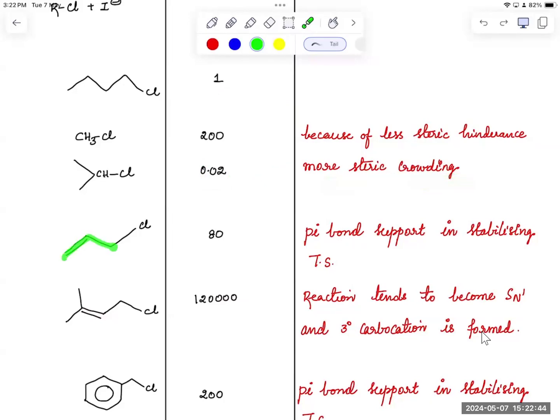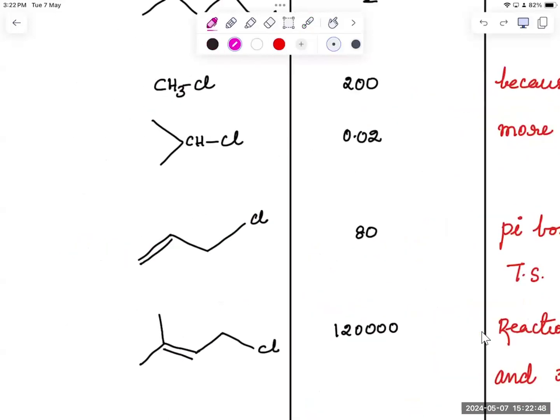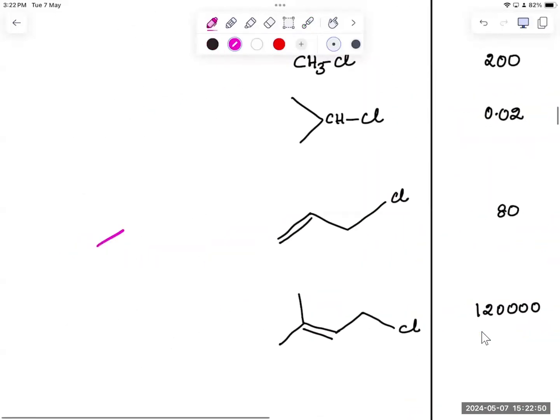Next is allyl. In the case of allyl, like I said, if you check out the transition state here, the bond is leaving from here and the pi orbital bonding is here. So this pi bond which is present here will temporarily support this.